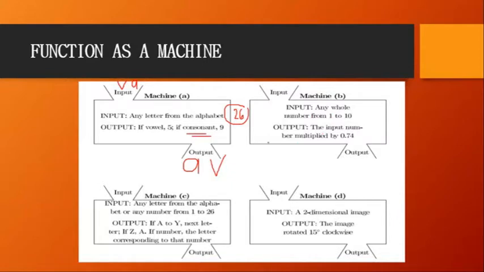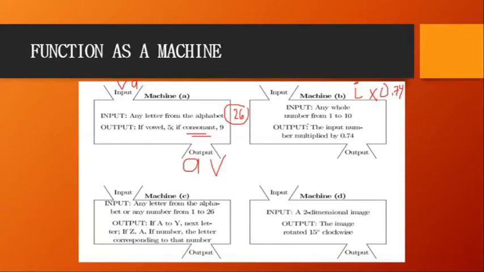And ang possible outputs natin dito ay the input number multiplied by 0.74. Okay, so ibig sabihin, ang rule natin na gagawin dito is input, yung napili nating input, multiplied by 0.74. Wherein the 0.74 is a constant number.